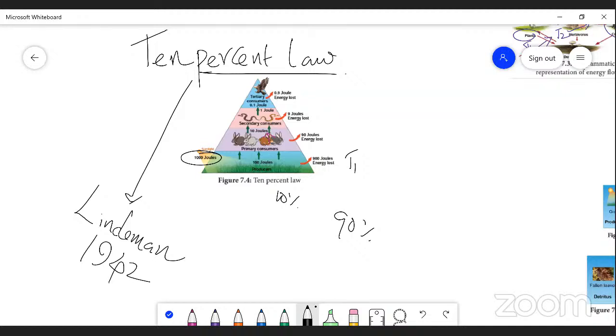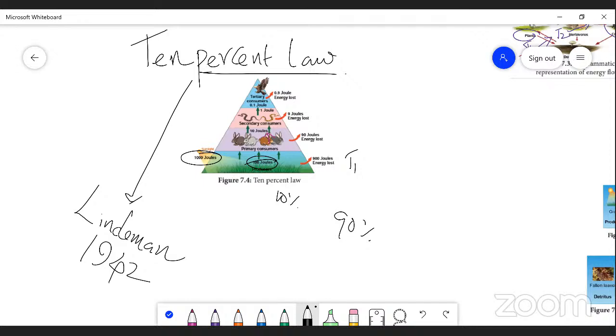So let me take, first of all, 1,000 joules given to the producer, which utilizes only 10%. According to the 10% law, if 1,000 joules are given, only 100 joules are trapped by the producer.